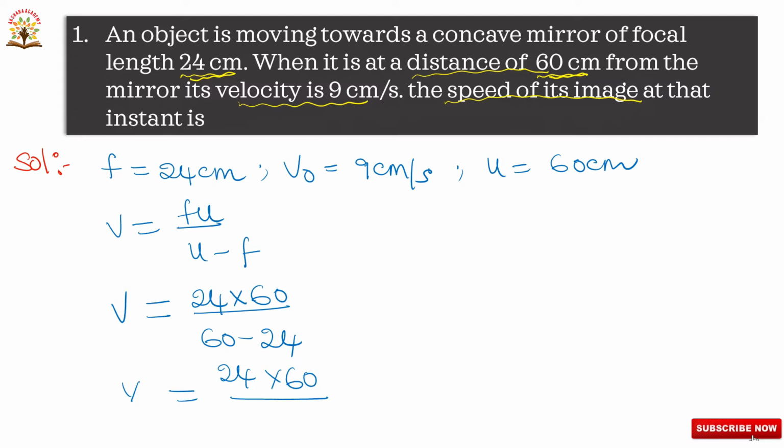Here we are getting 36 in the denominator. 12 2s are 24, 12 3s are 36, and 3 1s are 3, 3 2s are 6, so we get 20. v is equal to 20 into 2, that is equal to 40 centimeters.